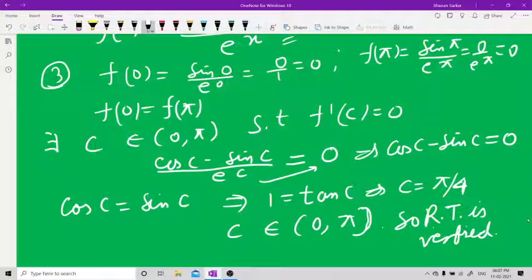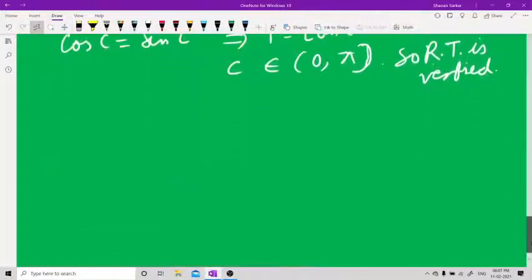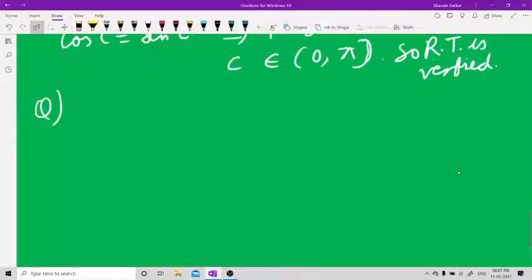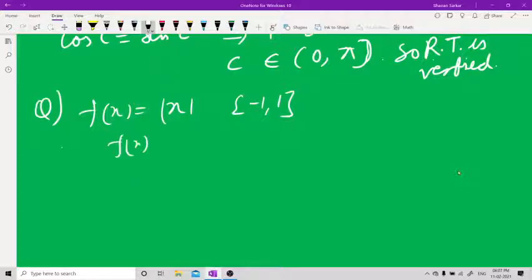Now let's take another problem. Question: f(x) is equal to mod x from minus 1 to 1. Now see, the mod function is continuous, I have told you. f(x) is nothing but mod x, and that is nothing but x for x greater than or equal to 0 and minus x for x less than 0.